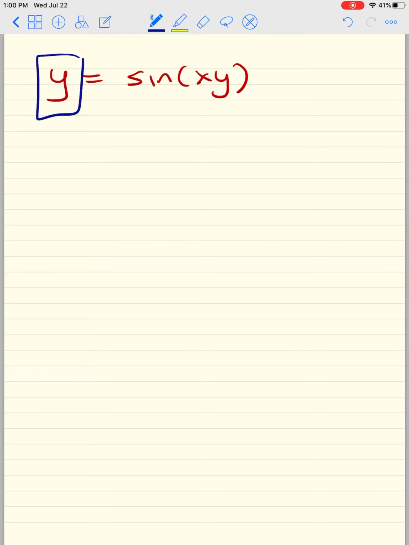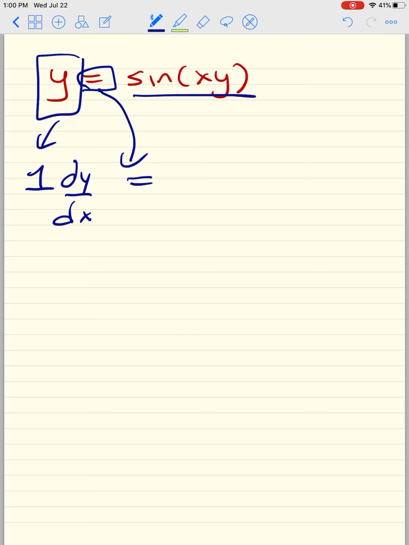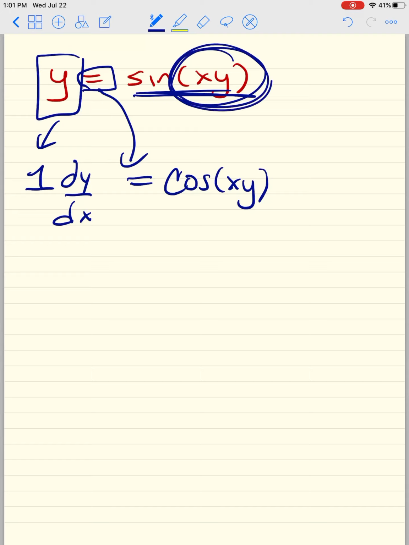The derivative of y, most students forget that it's really 1 dy dx. You guys have to be sure that this is an equal sign. It's powerful. You need to leave it there. You need something on the left side of the equal sign and something on the right side of the equal sign. The derivative of y is 1 dy dx. The derivative of sine angle is cosine angle times the derivative of the angle.